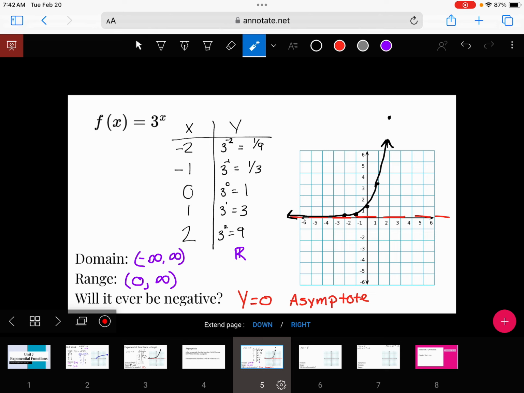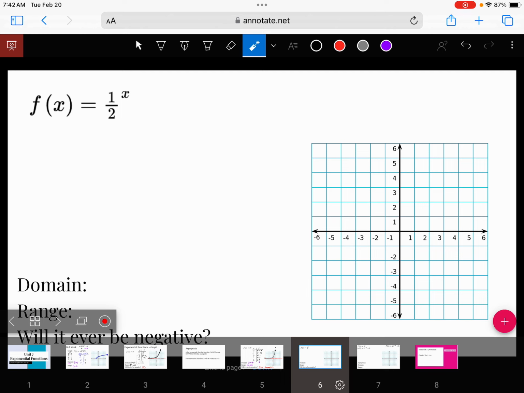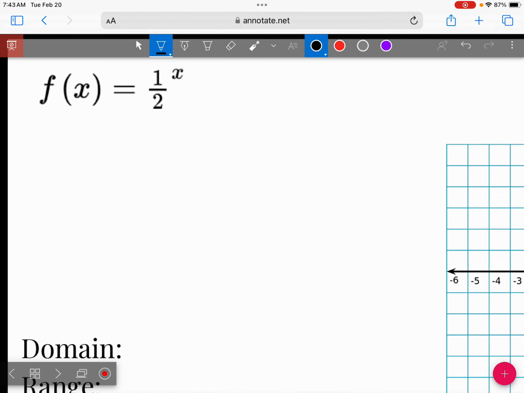Okay, I'm going to toss one funky parent function at you before we get into some transformations, because sometimes they're going to give us fractional bases. And since we have calculators with us, we can absolutely do this with our calculators and do it fractiony.